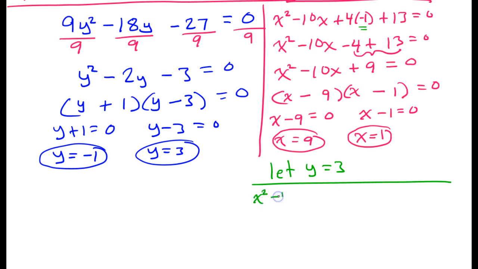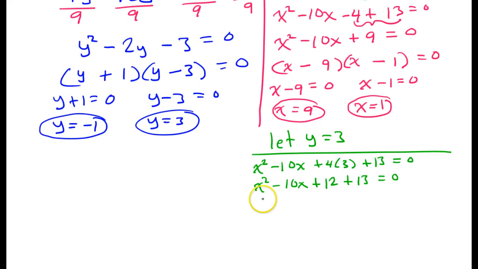So I have x squared minus 10x plus 4 times, here it comes, 3 plus 13 is equal to 0. That's going to give me x squared minus 10x plus 12 plus 13 is equal to 0. That's going to give me x squared minus 10x plus 25 is equal to 0.